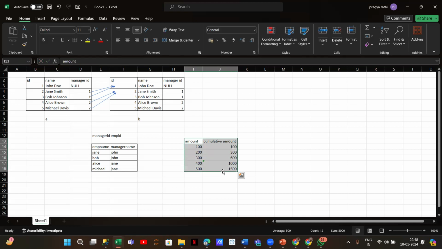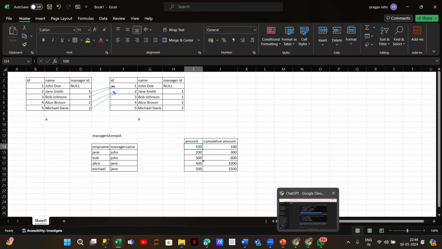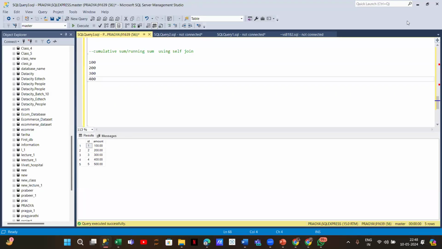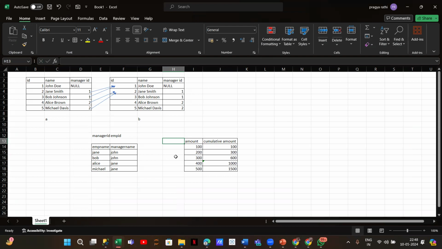Any confusion to anyone till now? What cumulative sum is, do you get it? So what is cumulative sum? The sum of that digit and the above digits. What is cumulative sum? Answer me, everyone.